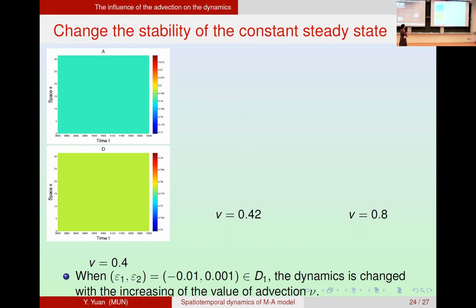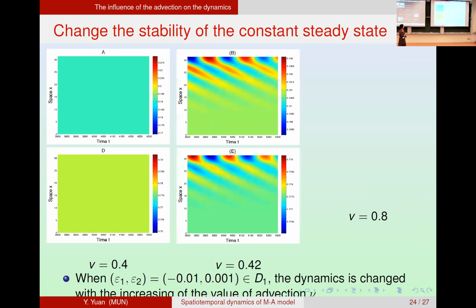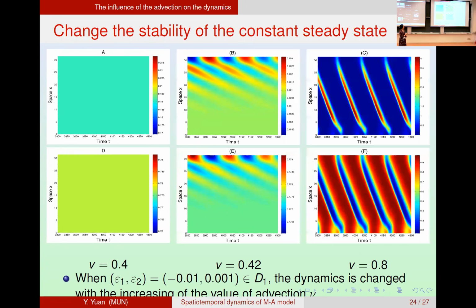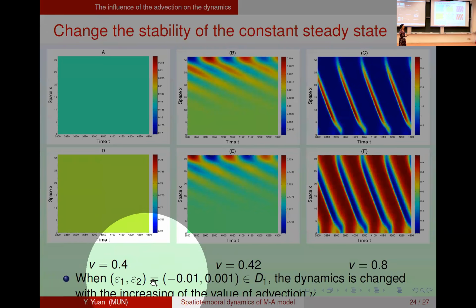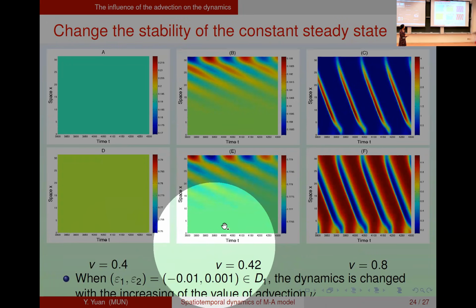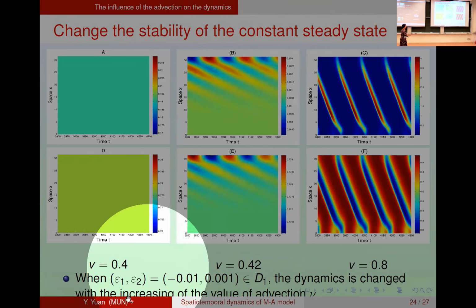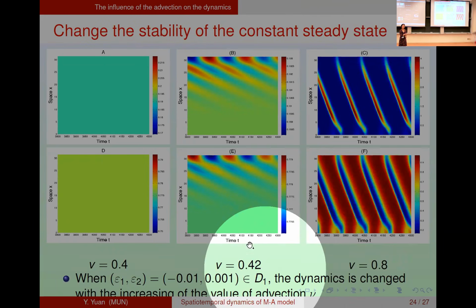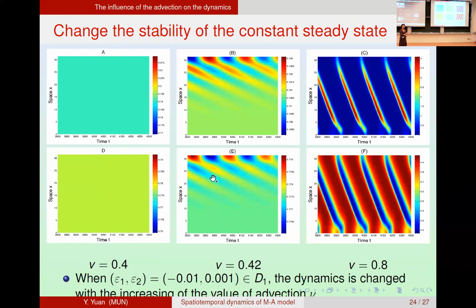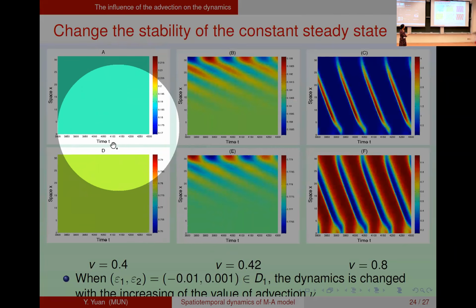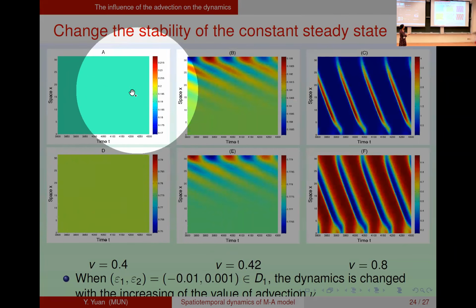Numerically, we can see that with an increased value of the advection, whereas the previous case had V equal to 0, the introduction of the advection destroys the stability. For this one, a small value is stable.